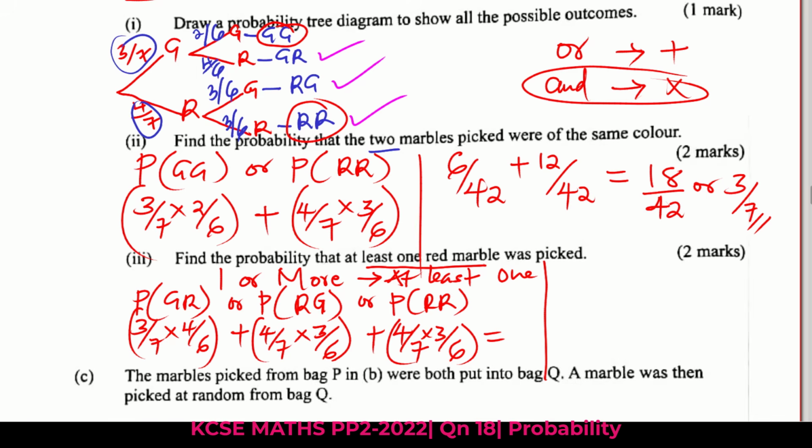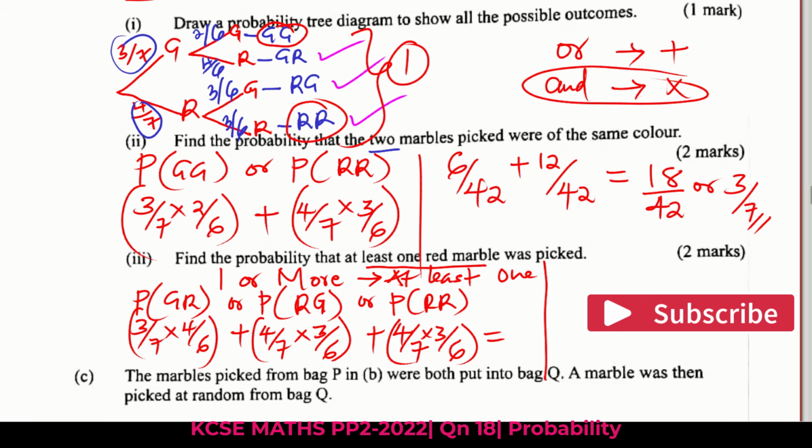This is the shortest way. You should know that the sum of the probabilities in this probability tree diagram, when you add all of them, that is green green, green red, red green and red red, should add up to 1. When we look at all these outcomes where we have at least one red marble, there is only one instance where we are not having red, and that is green and green.